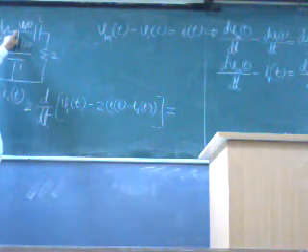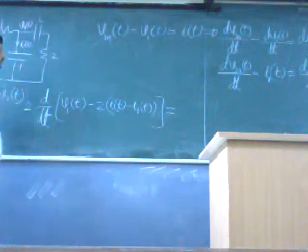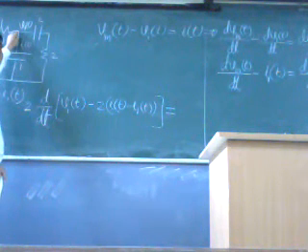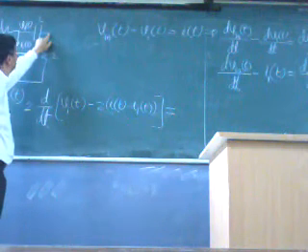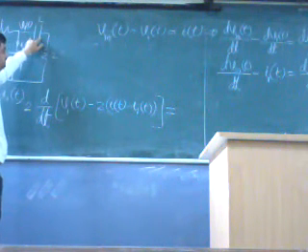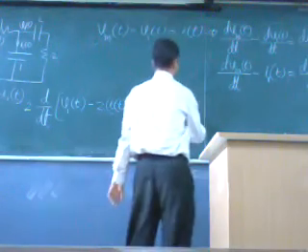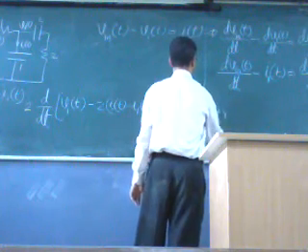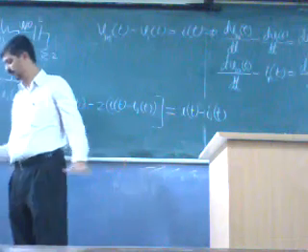Is this correct? What must it be? V1(t) minus this, its differential must be I(t) minus I. This is what we have tried.